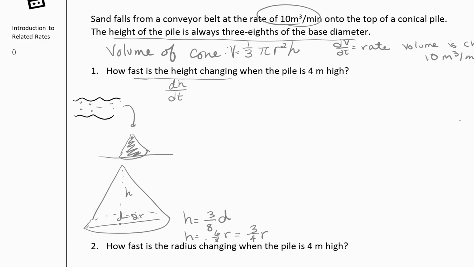That also means 4/3 times the height equals the radius if we multiply both sides by 4/3. Since we want to know about the height, we want the volume equation just in terms of the height. So for r, we're going to plug in 4/3 h.